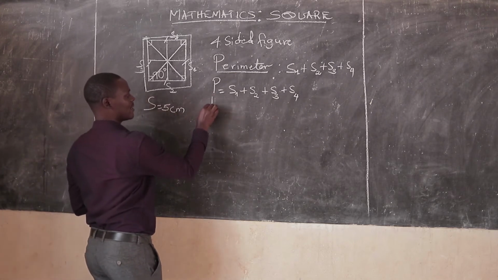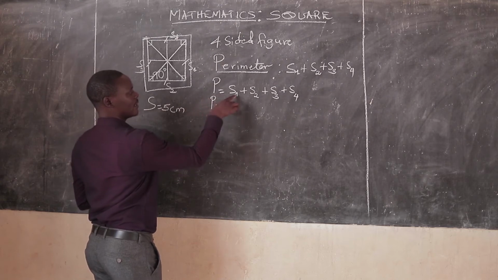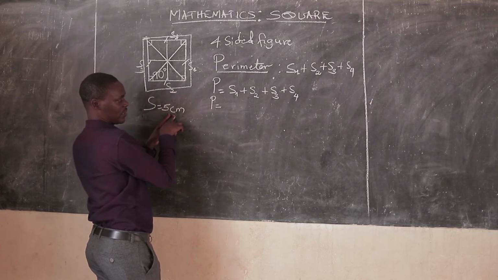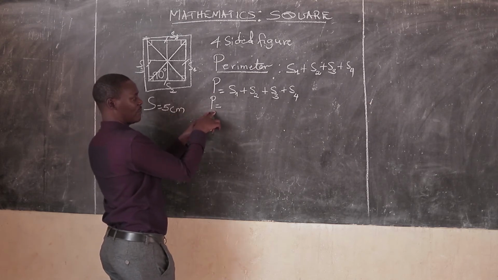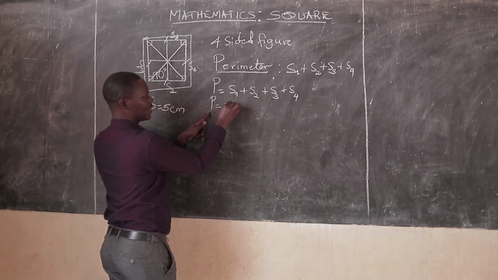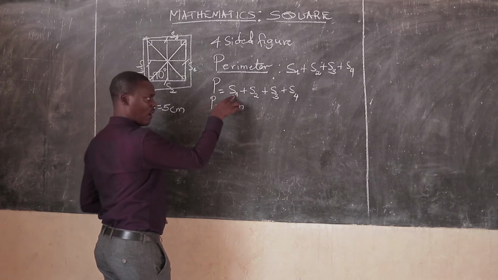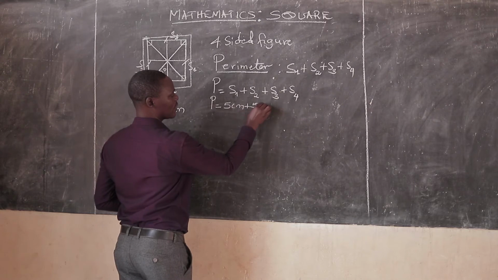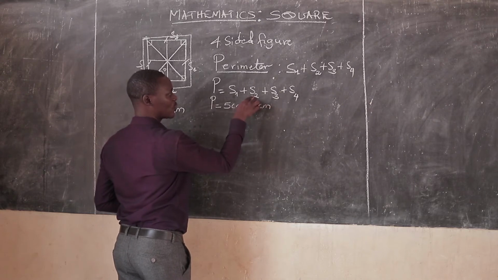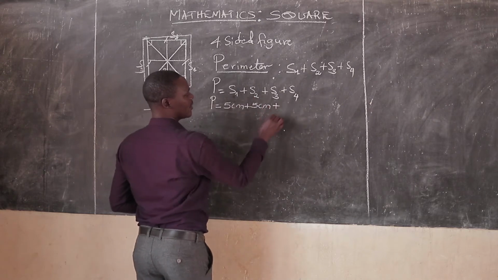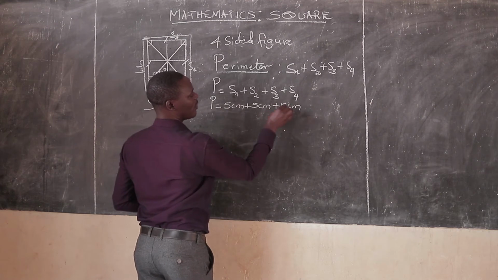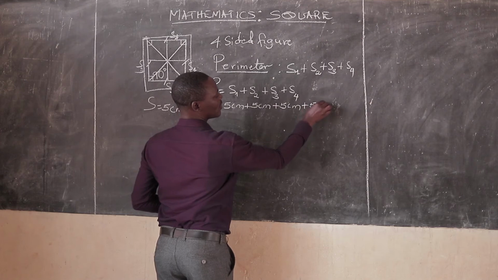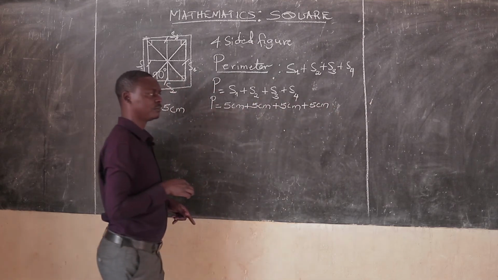Now we replace the sides by their value, which is 5 centimeters. The perimeter will be 5 centimeters as side 1 plus 5 centimeters of side 2 plus 5 centimeters of side 3 plus 5 centimeters of side 4.